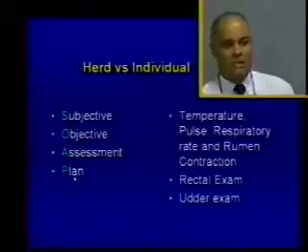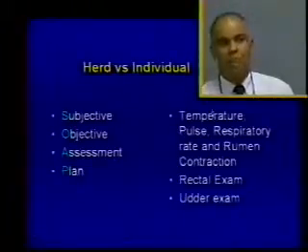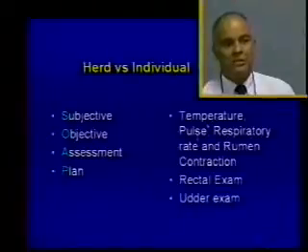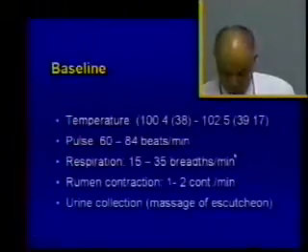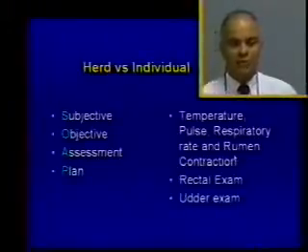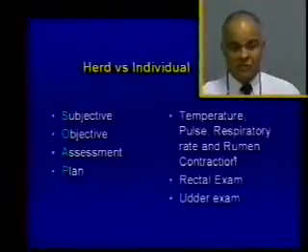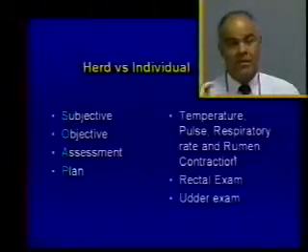As part of a physical exam, we take the temperature, just like in other species, the pulse, the respiratory rate, and rumen contraction. It is a very important component of the physical exam, rumen contraction. If a cow is sick, the first thing that will happen is she goes off feed and she doesn't eat.